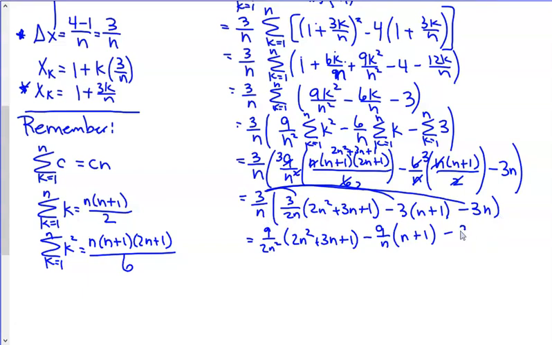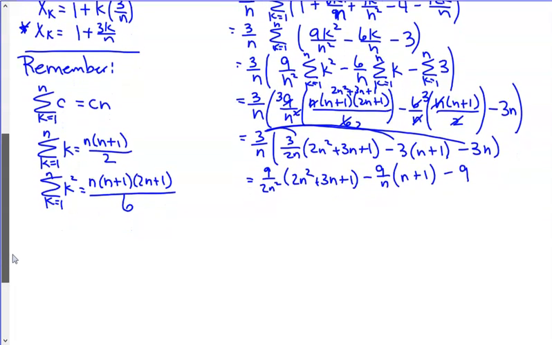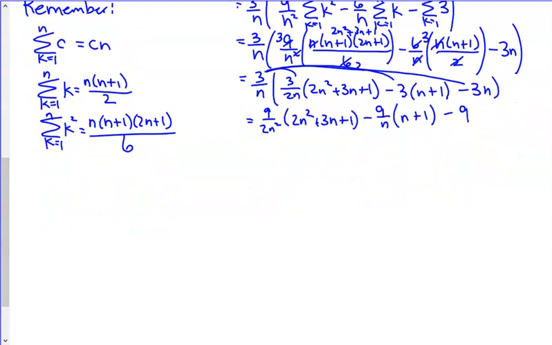The n's are going to cancel, and 3 times 3 is 9. So that's where I'm at this point. I promise we're almost finished. This is a marathon problem, but it's a very, very good problem, again, to establish our foundation for our definite integrals, okay? And to do the fundamental theorem of calculus in the next section to find the exact areas.